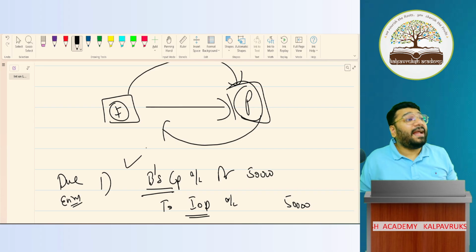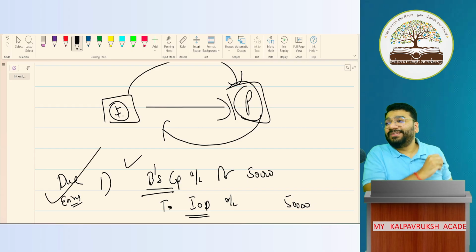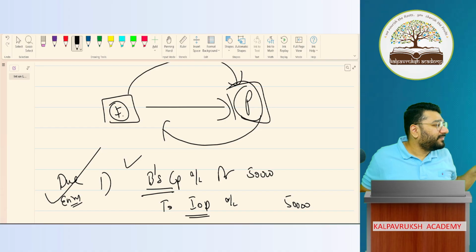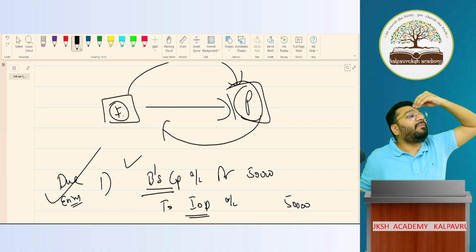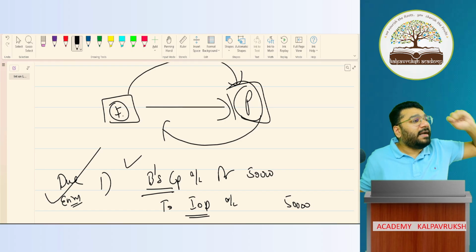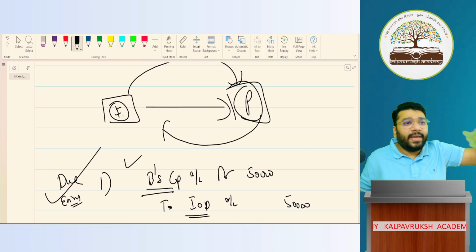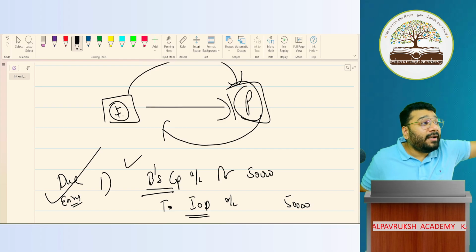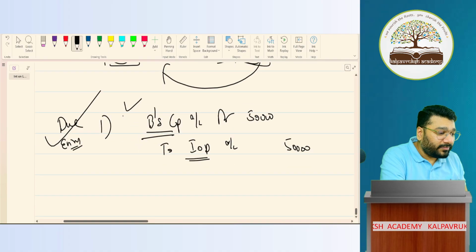In the appropriation account, whether money is received or not received, due entry will always come, for interest on capital, salary, commission, interest on drawing, everything.